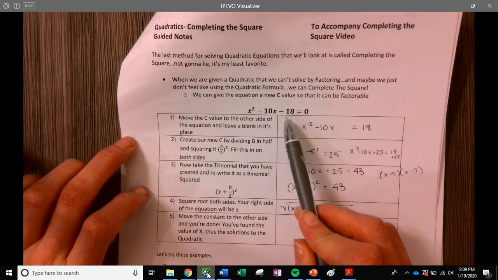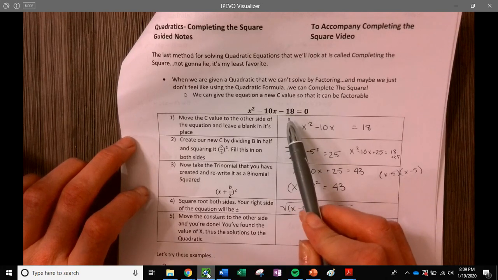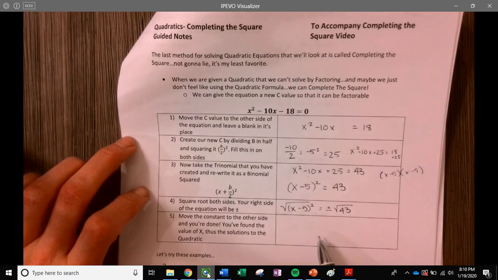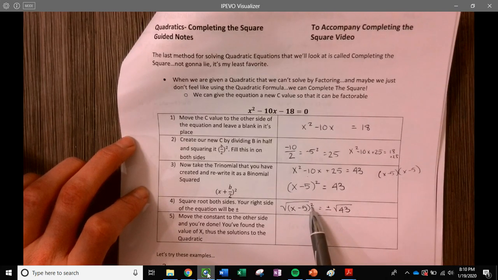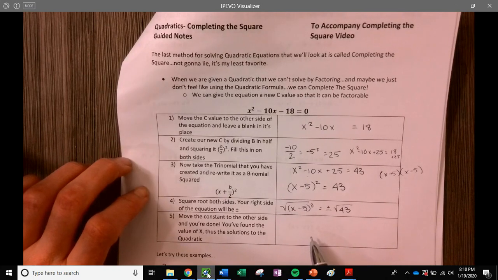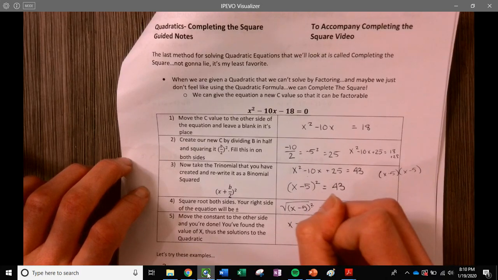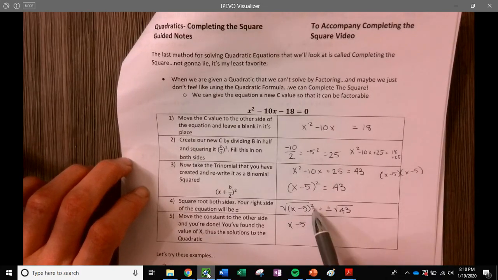Adding 18 would be the opposite operation. And this is no different. If I want to get rid of this square, then I do the opposite operation by square rooting it. And square rooting that square will wind up giving me x minus 5 because it's just going to make that square disappear, and then the radical disappears as well.